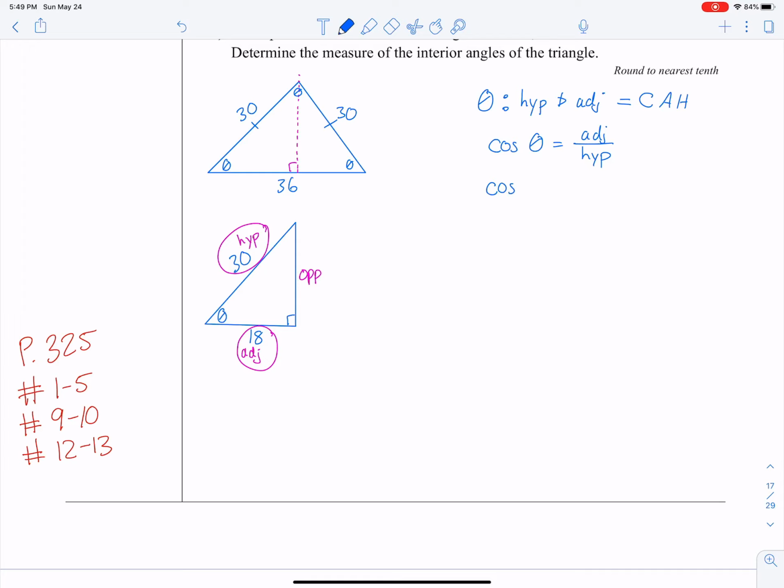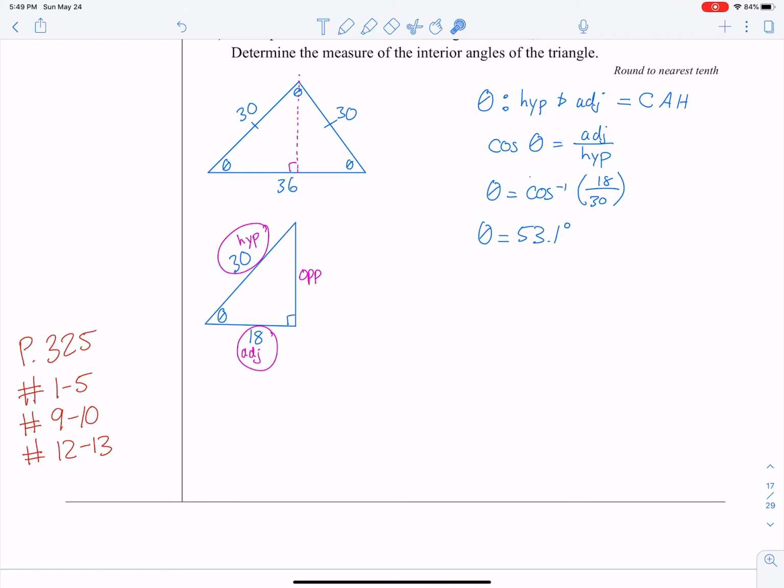I want the angle by itself. Cos to the -1. My adjacent is 18. My hypotenuse is 30. So my angle is 53.1 degrees. Okay, so I found this is 53.1 degrees.